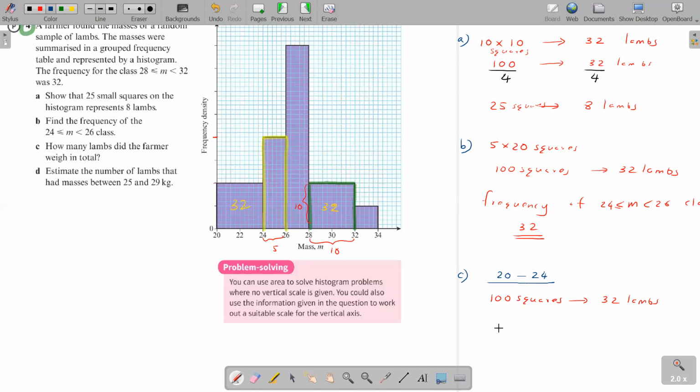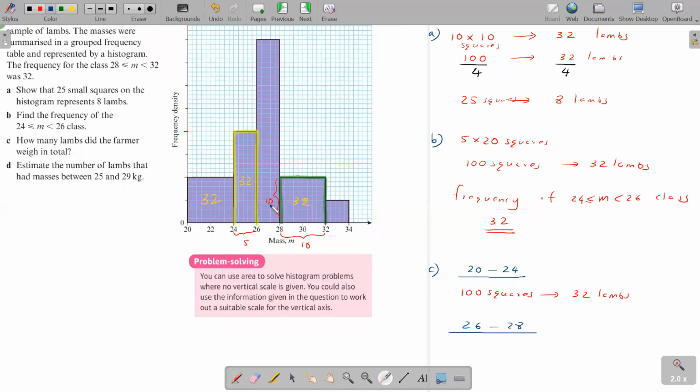Then the next one, 24 to 26, is done, right? Find the frequency of the 24 to 26. Yeah, we already know it's 32. Guys, do you agree? So we know that this also has 32. 26 to 28, shall we get the area? So 26 to 28, what's the length and width?